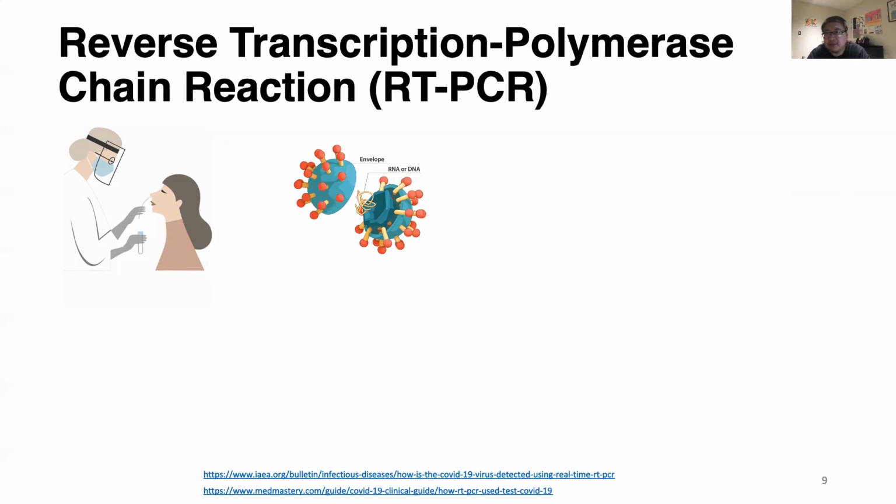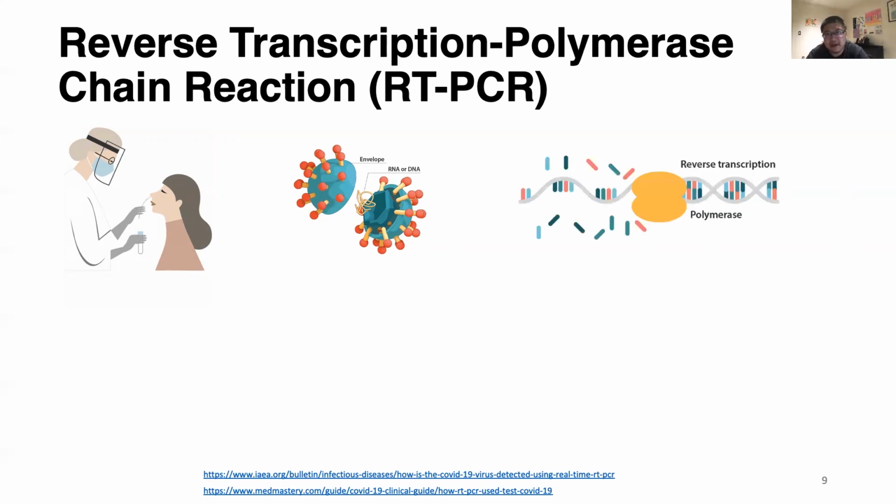This is what the reverse transcription does. Basically, you put the specimen obtained from either nose or oral swabs into an RT-PCR machine, and it does the reverse transcription and then the replication.